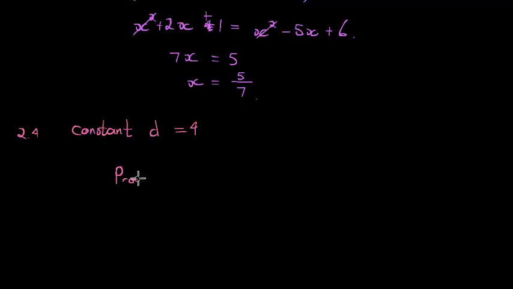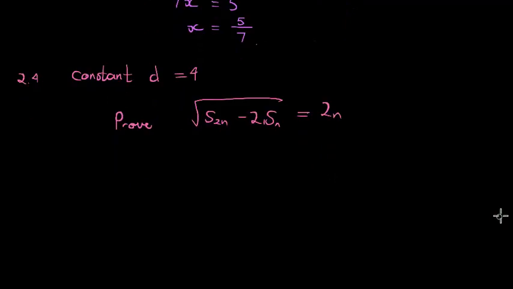And you must prove that the square root of S2n minus 2 times Sn is equal to 2n. So just put in what they ask you. You must now just go and do the left-hand side.